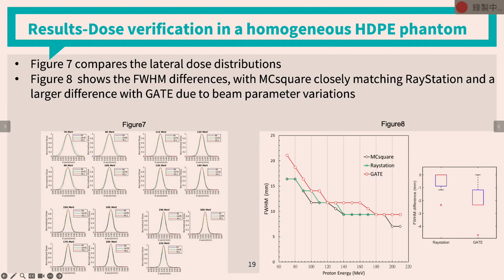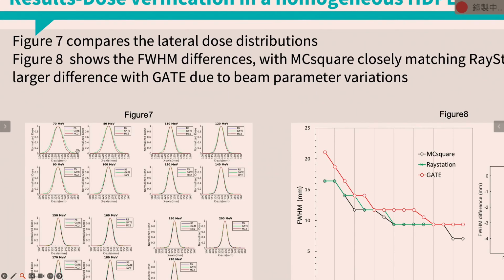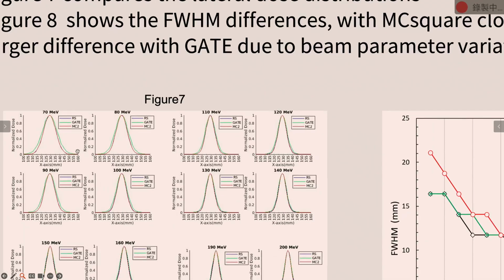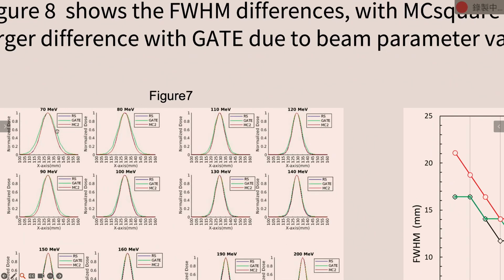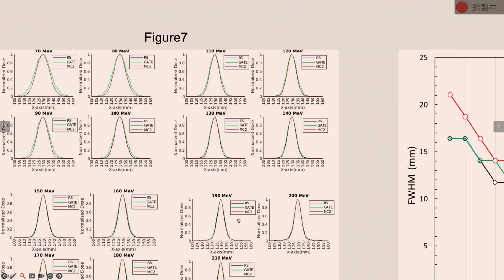We can see that at 70 MeV they have a big range and different modes, but at high energy like 200 or 210 MeV they have a small difference.